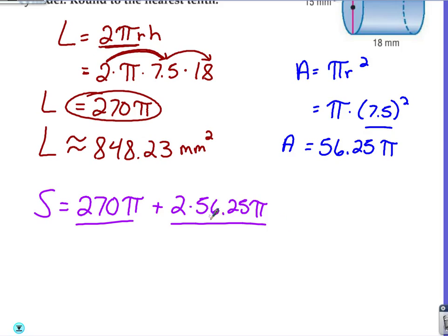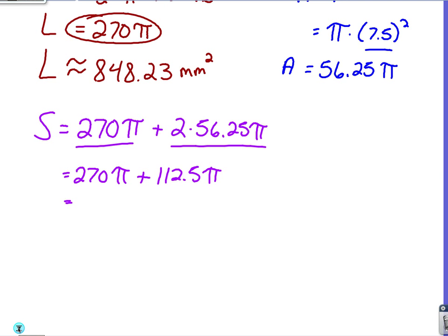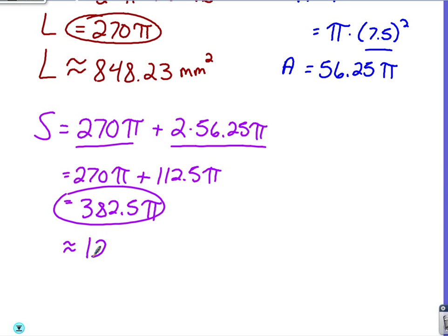What's 2 times 56.25? 112.5. So that's nice because we can leave it in terms of pi. 382.5 pi. That's exact. ACT is going to ask for exact. That's approximately 1,201.66, and that's in millimeters squared.